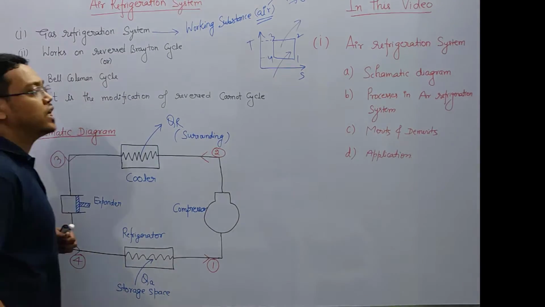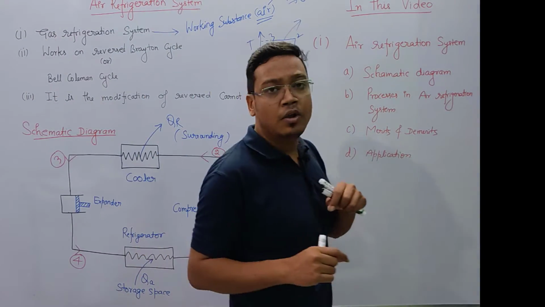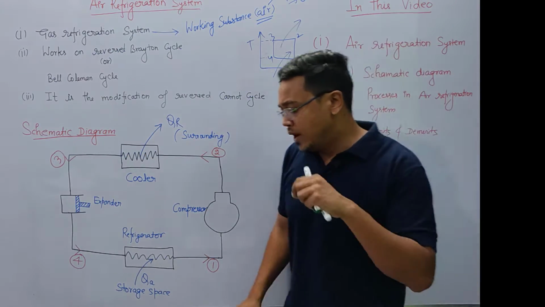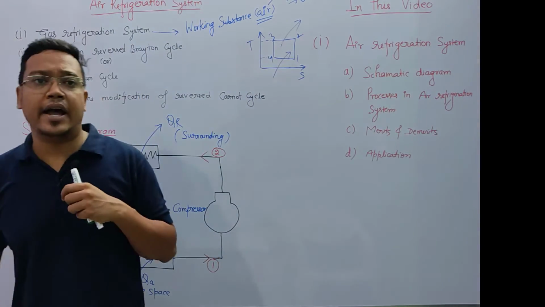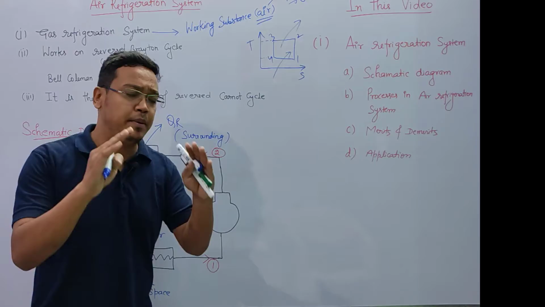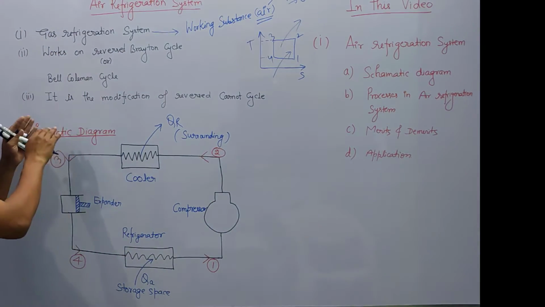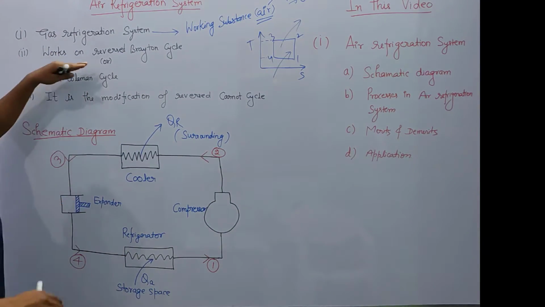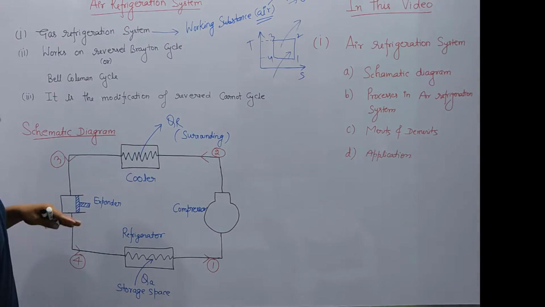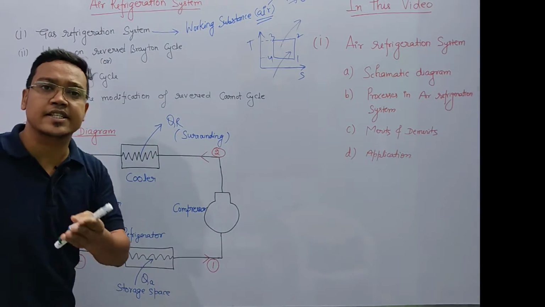So it is the modification of reverse Carnot cycle. Okay friends, now let's see here what is the schematic diagram or what are the components which shall be used in reverse Brayton cycle or Bell-Coleman cycle or in air refrigeration system.